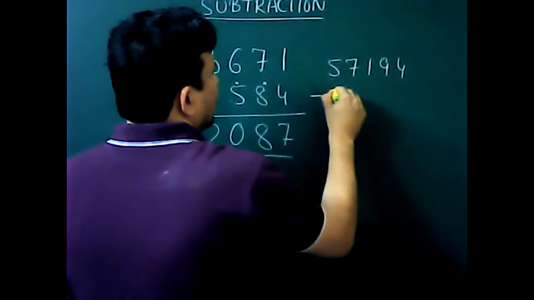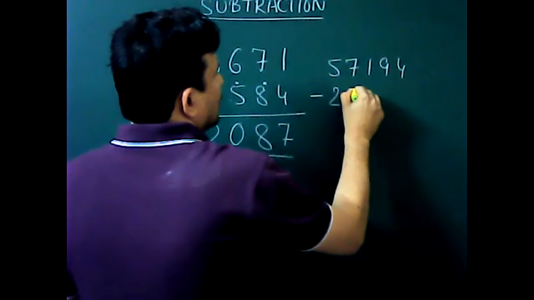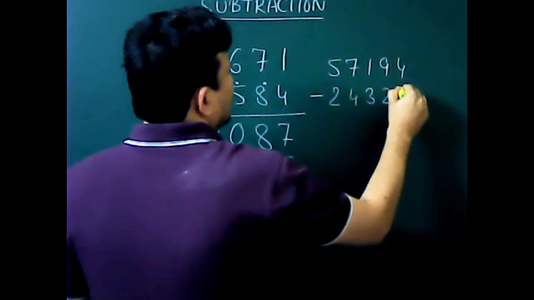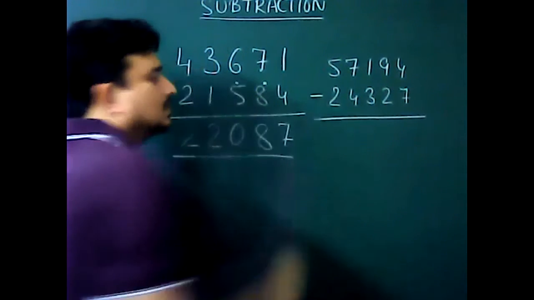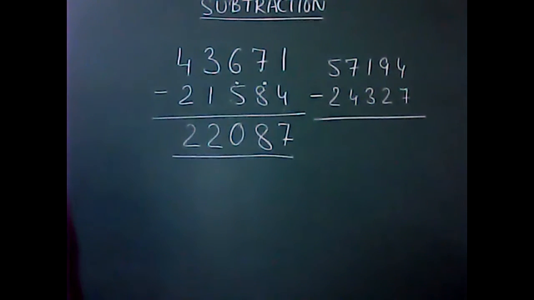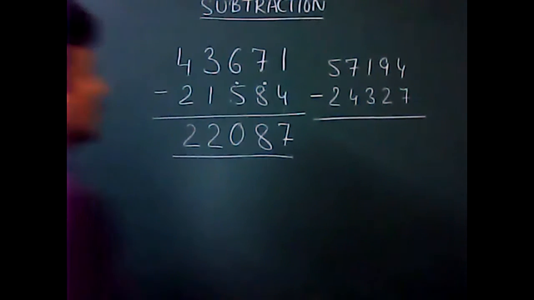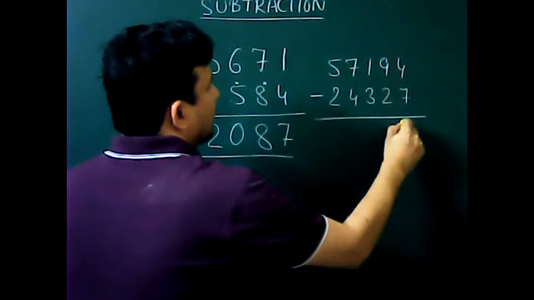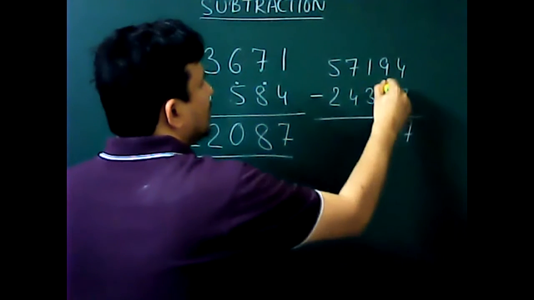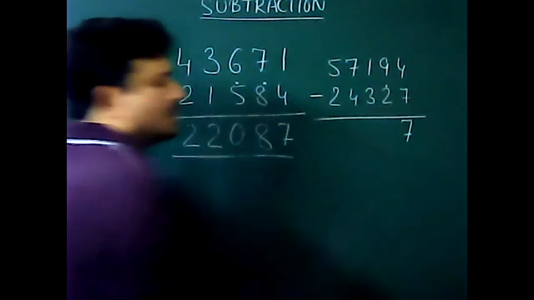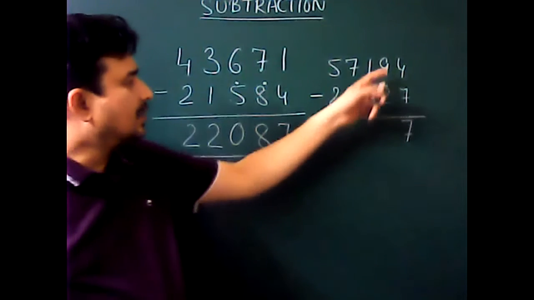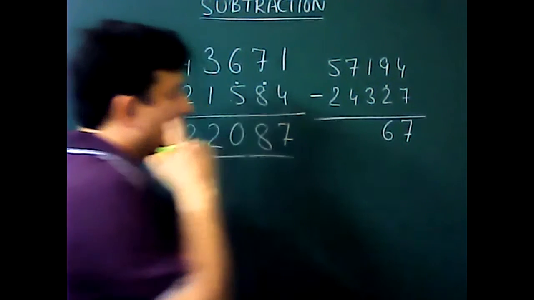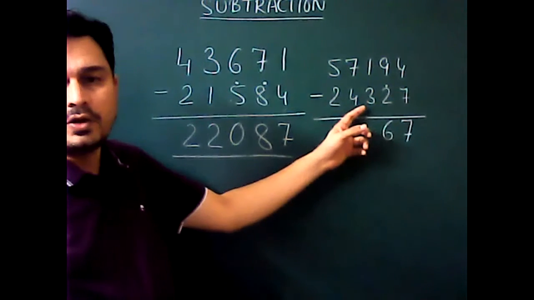57194 minus 24327. Now the first step is to add the best friend of 7, which is 3, to 4. It becomes 7. Put a dot over here. This goes as normal subtraction. 9 minus 3 is 6. So we won't put any dot.